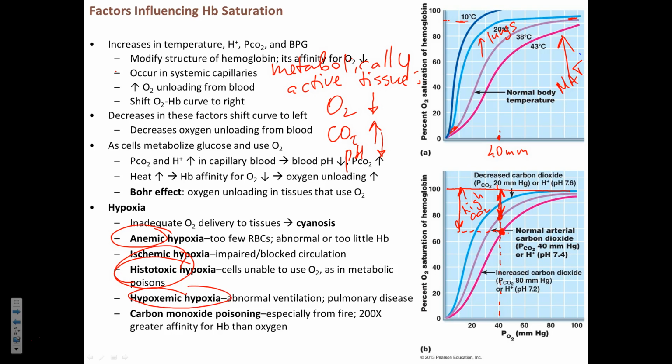Hypoxemic hypoxia, problem with the ventilation. Okay? Lungs don't work. Chronic obstructive pulmonary disease, asthma, it's all hypoxia. Right? Now, specifically, carbon monoxide poisoning. The reason why we have carbon monoxide detectors in the houses is that it's a silent killer.